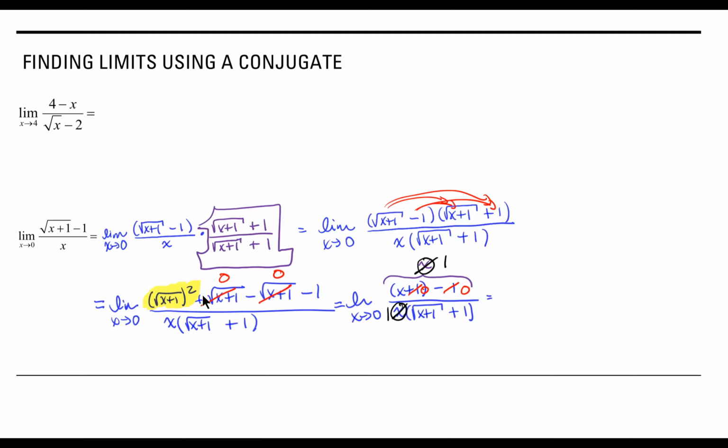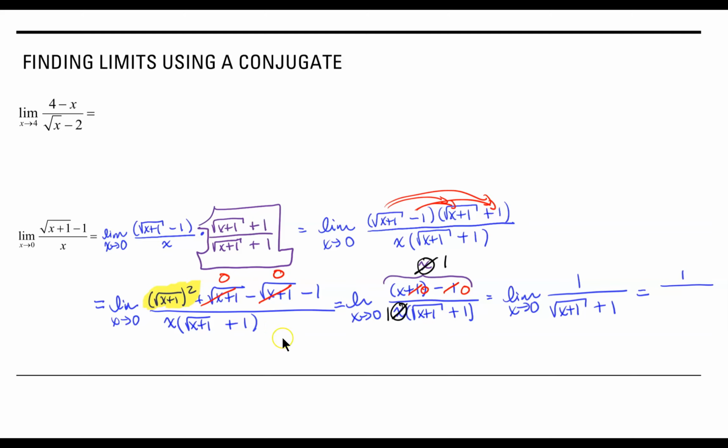So at this point, I have the limit as x approaches 0 of 1 over (the square root of x plus 1, plus 1). Now, as x heads to 0, my numerator remains 1.